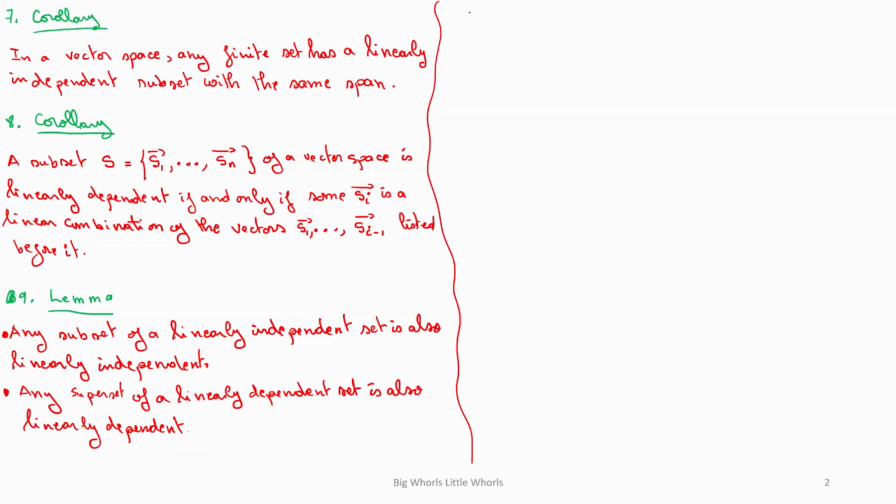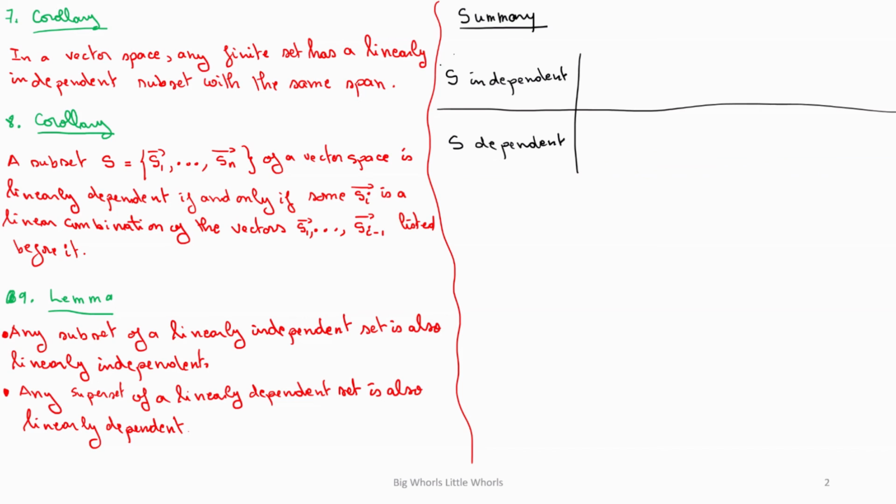Okay, now let's summarize some of these lemmas and corollaries. So let's do some summary about dependent and independent sets. Let's say we have a set S, which is either independent or dependent.